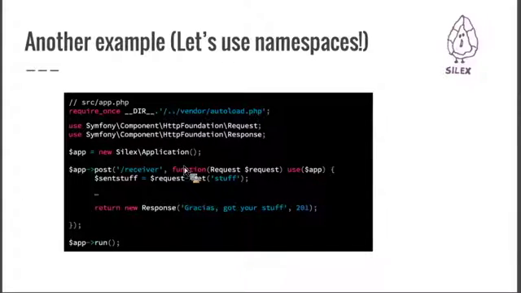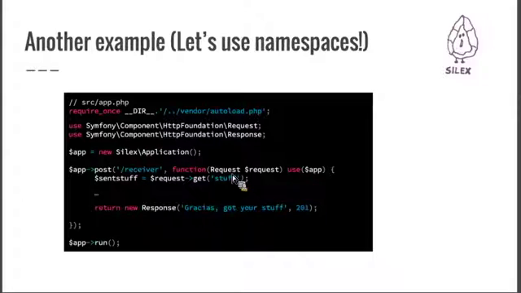So let's use namespaces. We learned that, and we have composer running. This is a more interesting route. I have a post route, and this one URL is a receiver, and now I have a different type ending here because I'm getting a request.